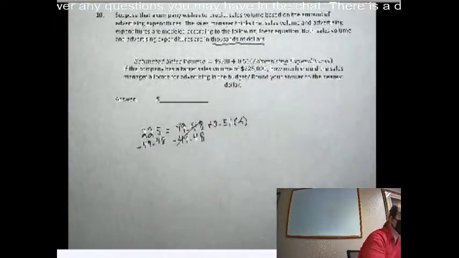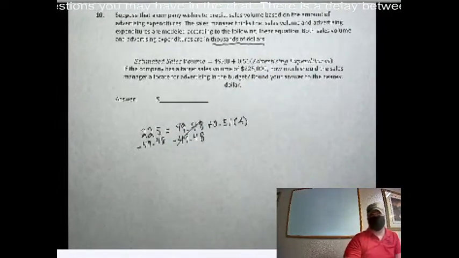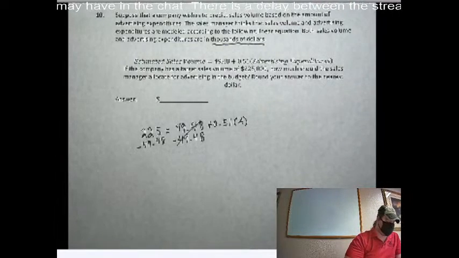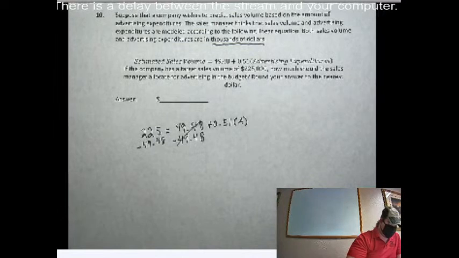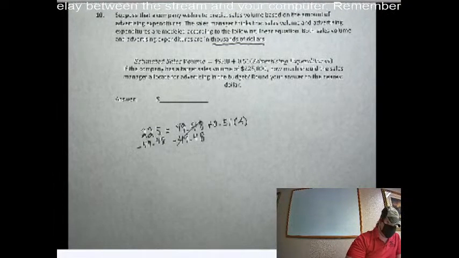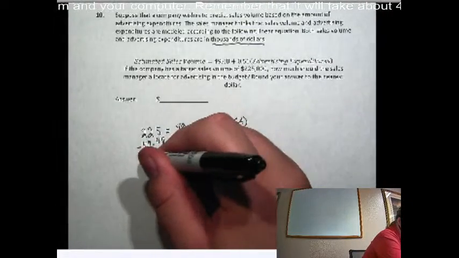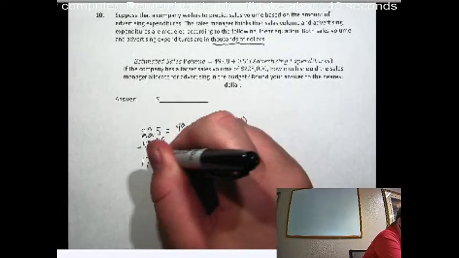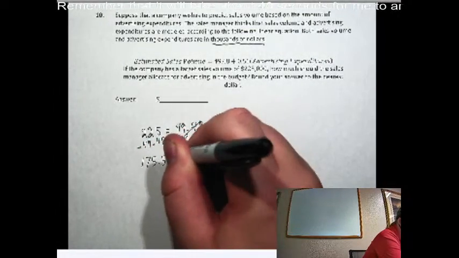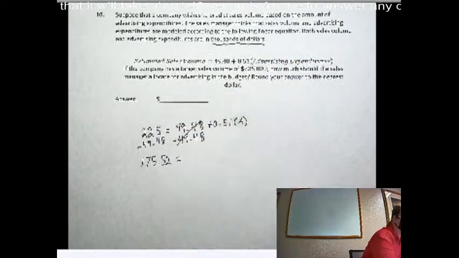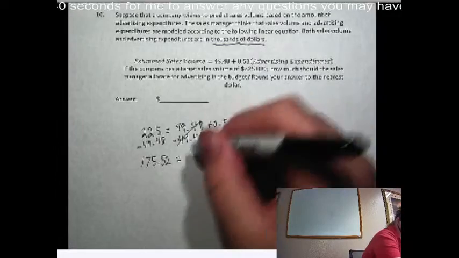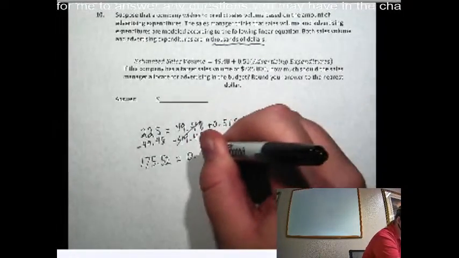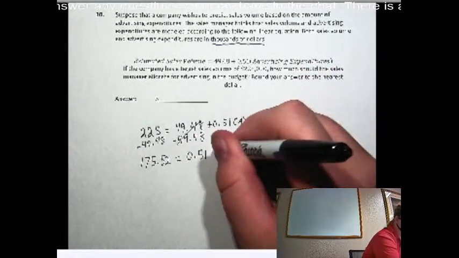So this will cancel. Now let's see what we get: 225 minus 49.48 is 175.52. Now we bring down the rest of our values, which is 0.51 times A.